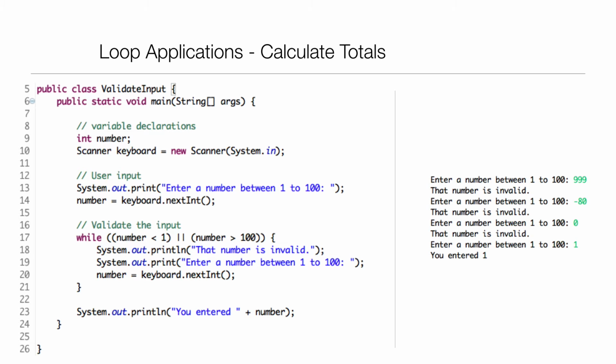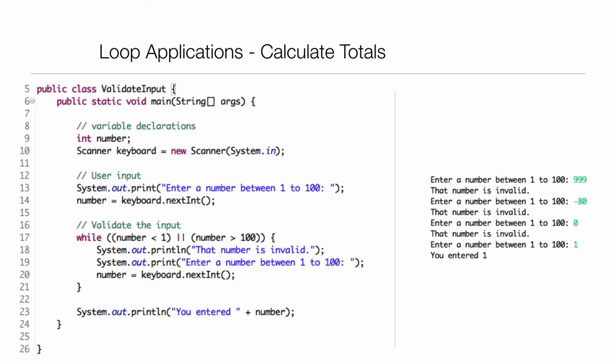The user input prompts the user for a number between 1 and 100, collecting that and storing it in number. The interesting part of this code is between lines 17 and 21. It's a while loop that's going to keep prompting the user until they enter a number between 1 and 100.